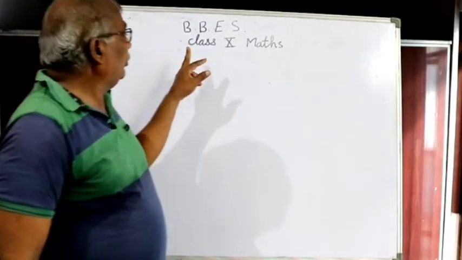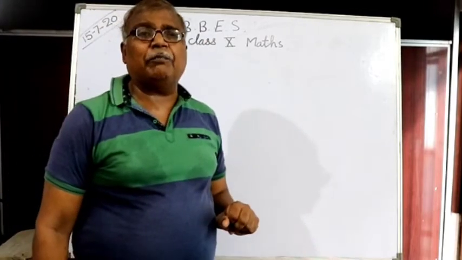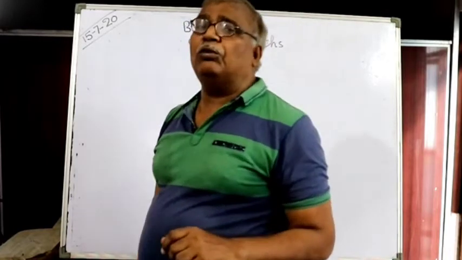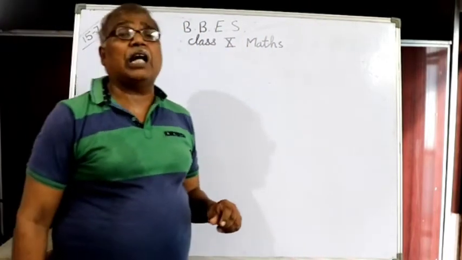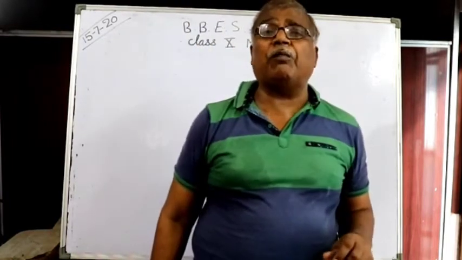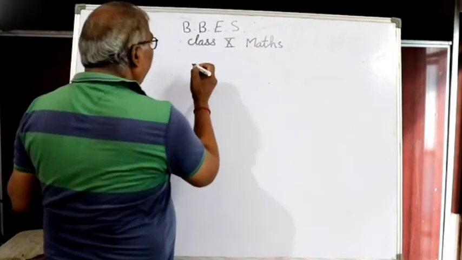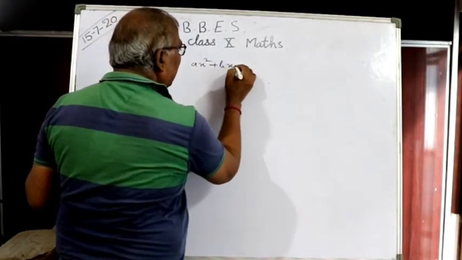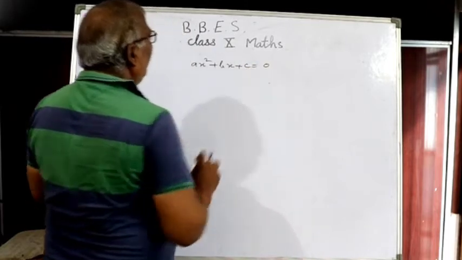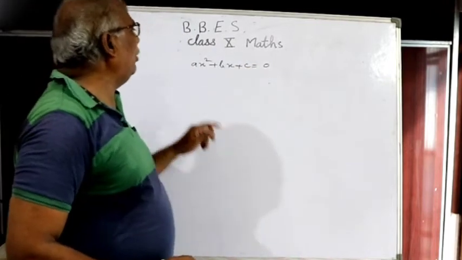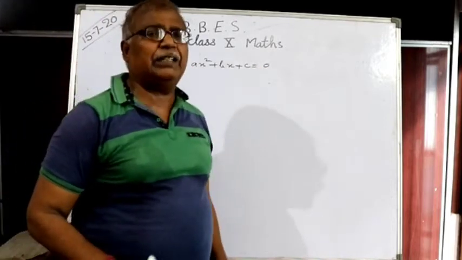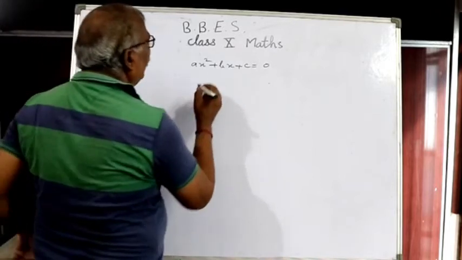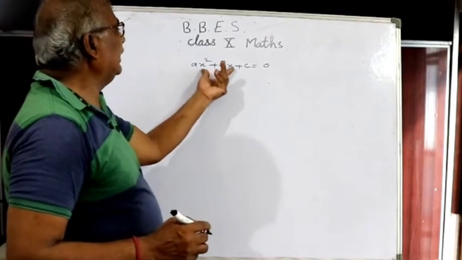Now, solving quadratic equation by formula method. You know that in earlier classes you have read the Sridharacharya formula and the Umar Khayyam formula. Now, if a quadratic equation is ax square plus bx plus c is equal to 0, where a is not equal to 0 and a, b, c are real numbers, then there is a formula, the Sridharacharya formula, to find the value of x.